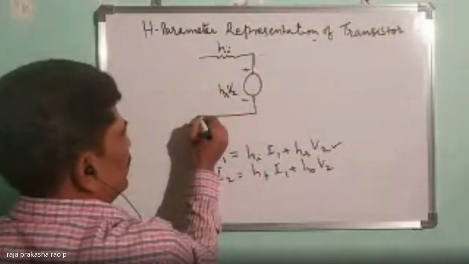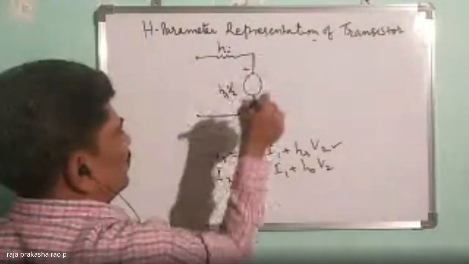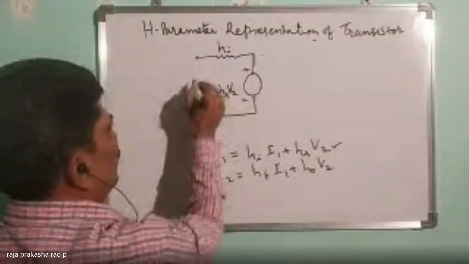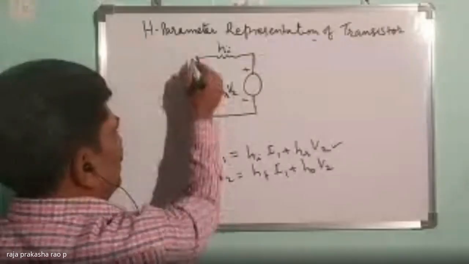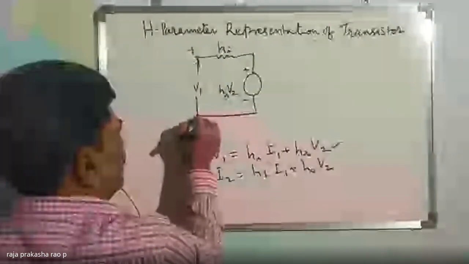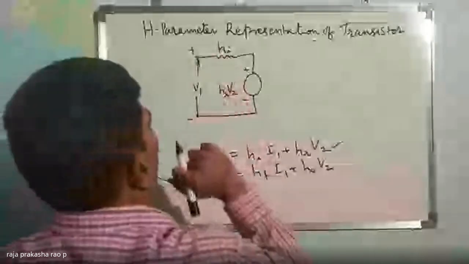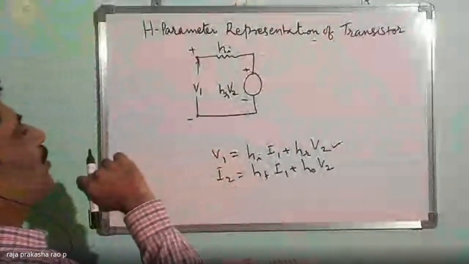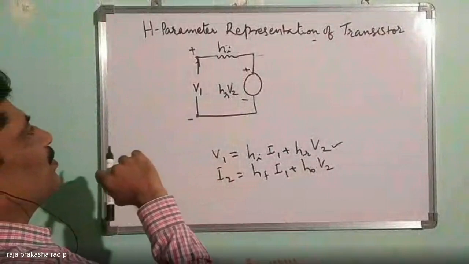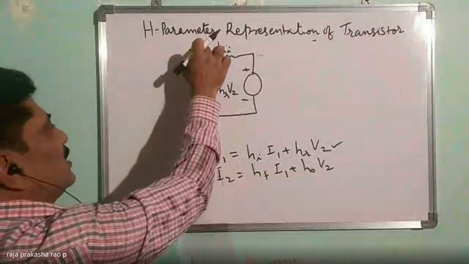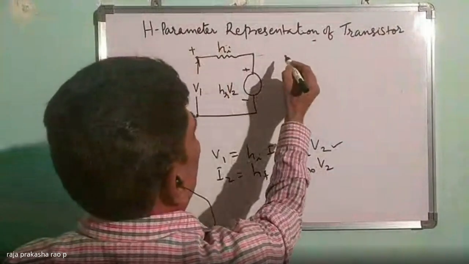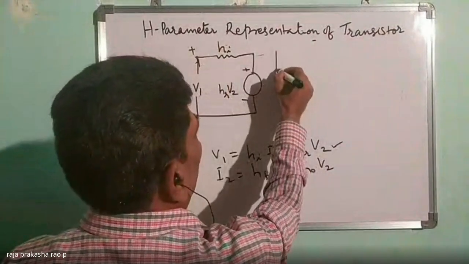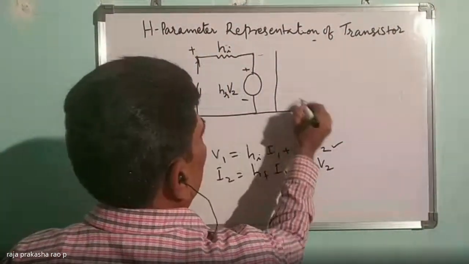This is the input circuit for that black box, you can say, the two-port network, and the input voltage is V1. Plus and minus should be denoted on these terminals. This one is positive, this one is negative, the input terminals. And the output circuit.